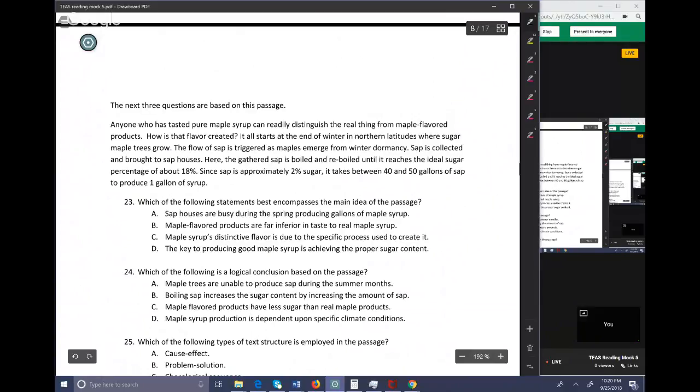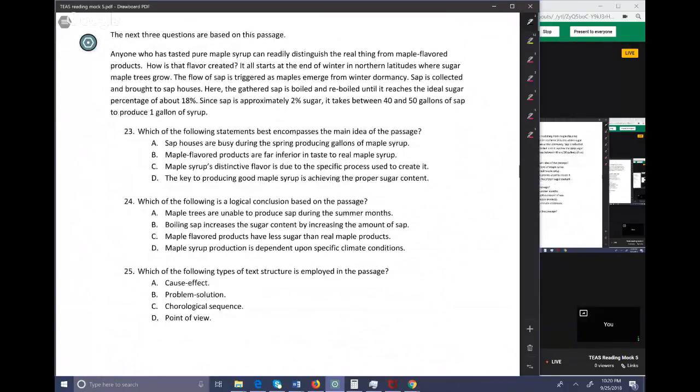The next three questions are based on this little paragraph. You'll get at least one or two of these that's just a little paragraph. 23 says, what is the best main idea? So C, maple syrup's distinctive flavor is due to the specific process used to create it. 24, which of the following is a logical conclusion based on the whole passage?